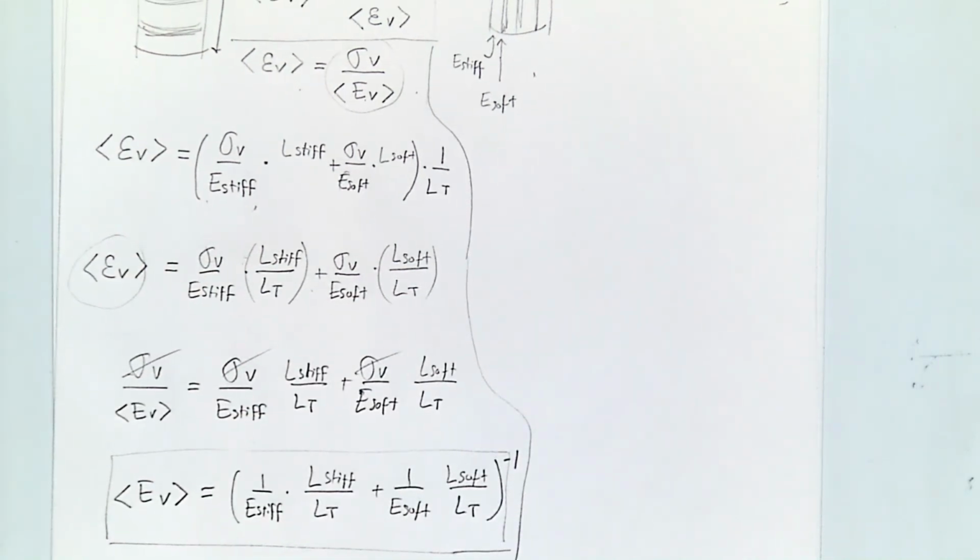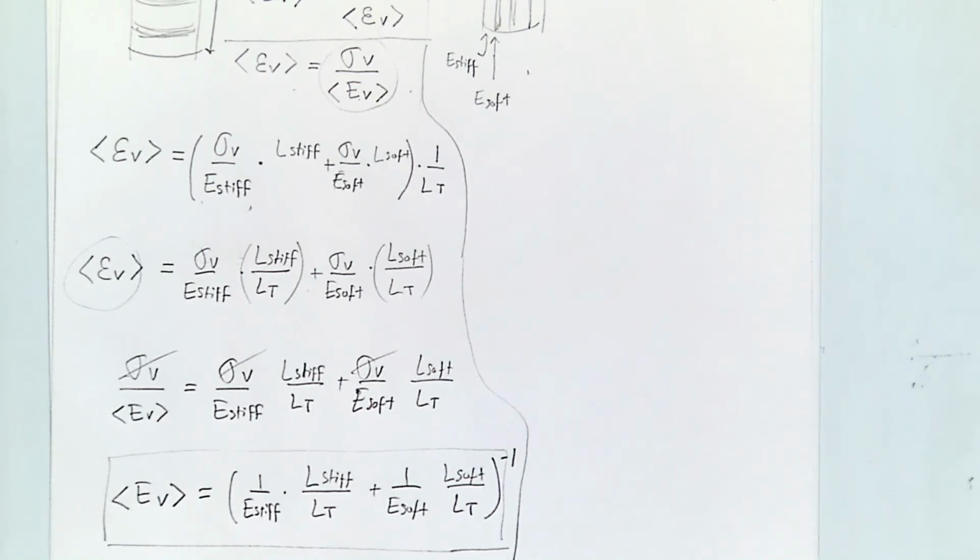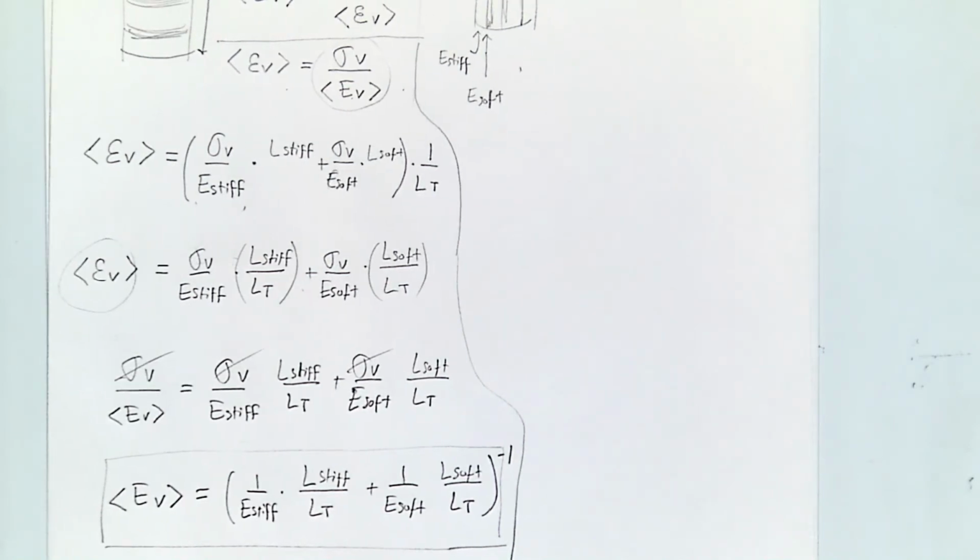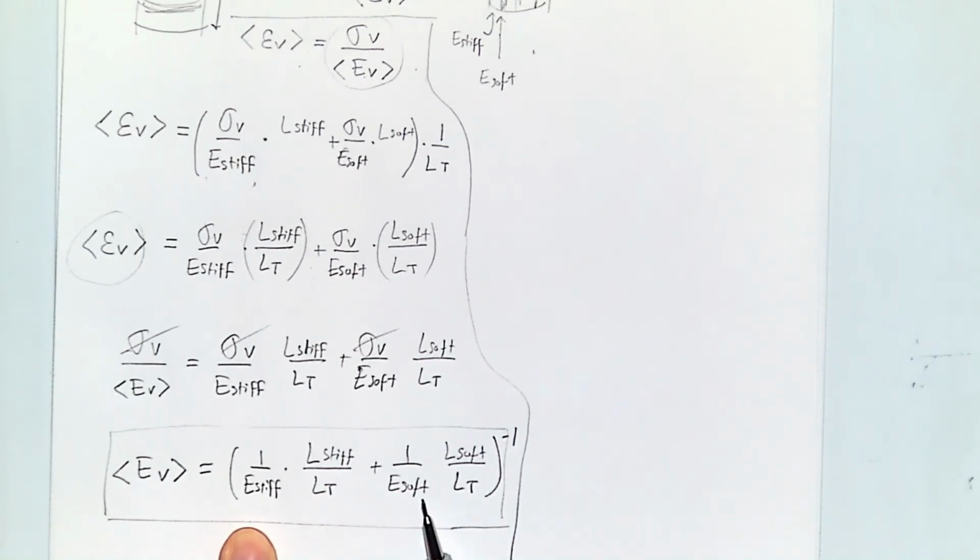Any question about the vertical? Something very important to notice here is that even if you have a small fraction of the soft part, because of the way this equation is written, that's going to have a lot of influence in the final Young modulus. I'm going to show that in an example.